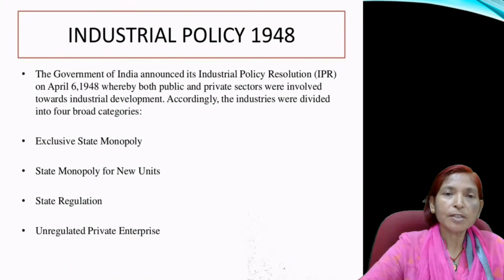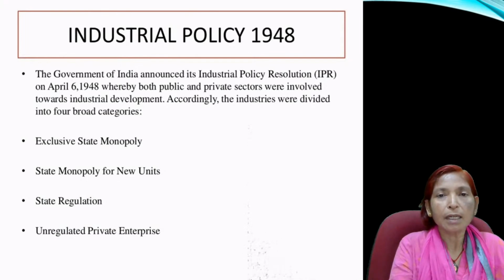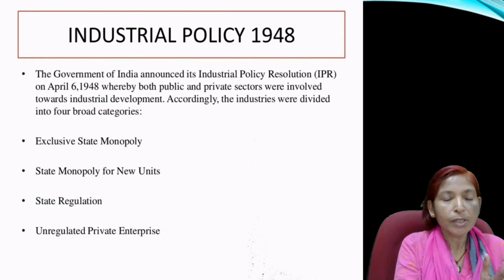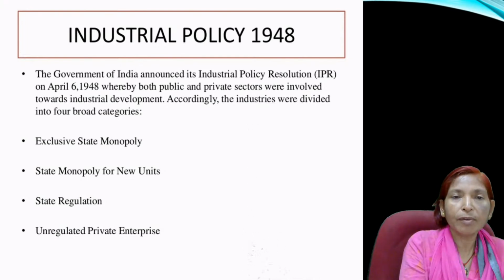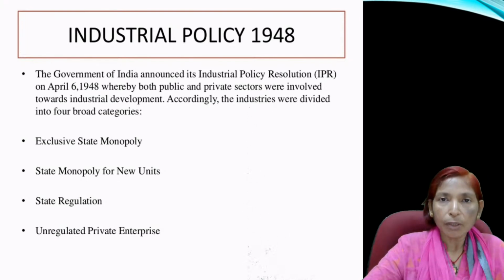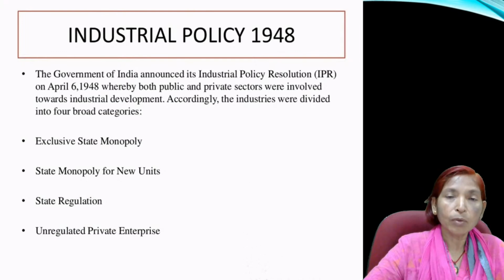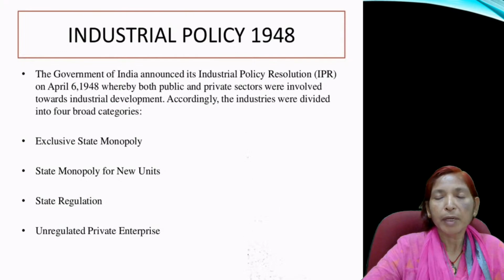First of all, some industries were put under state control, which is categorized in the exclusively state monopoly category. Second is state monopoly for new units. Third is state regulation. And next is unregulated private enterprises.